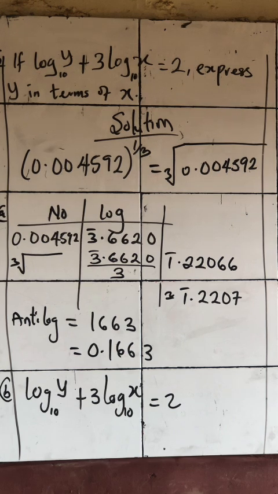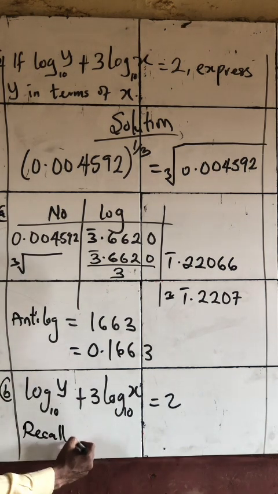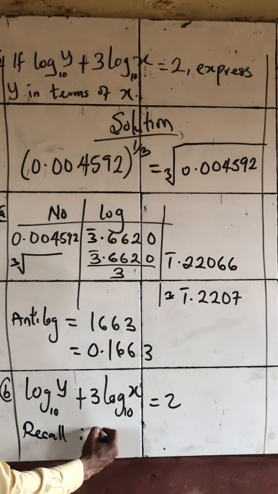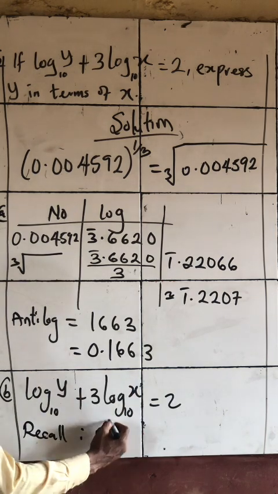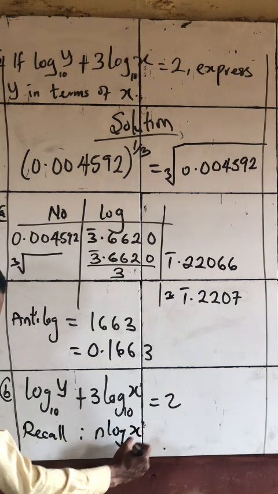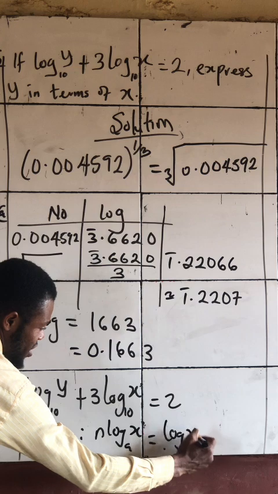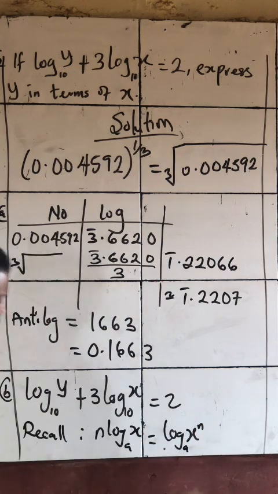So if we have that, recall our law of logarithm. When you have n log x base a, we have it as log x raised to power n base a, isn't it?